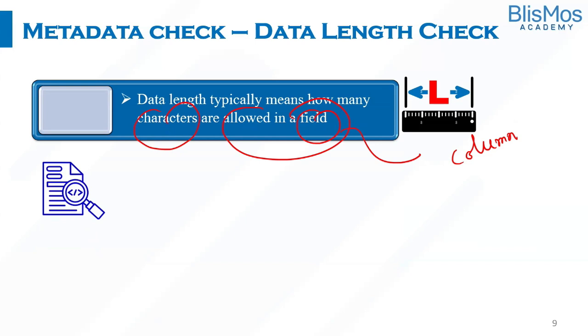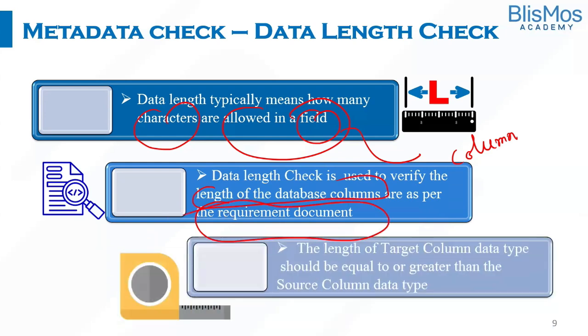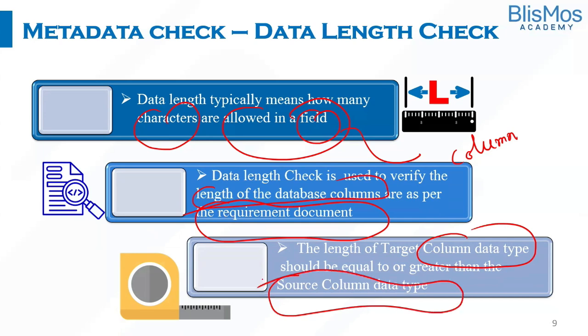Like that, the data length is also specified as a part of the mapping document. As a part of the data length check, we will verify the length of the database columns is as per the requirement document. And also, the length of the target column data type should be equal to or greater than the source column data type, which is usually specified as a part of the mapping document.